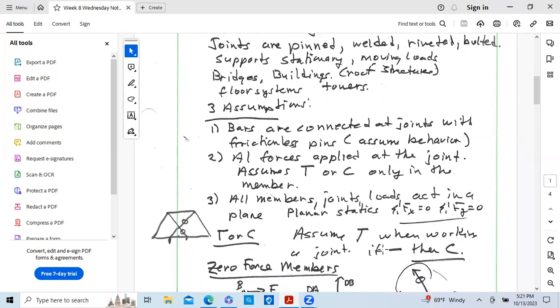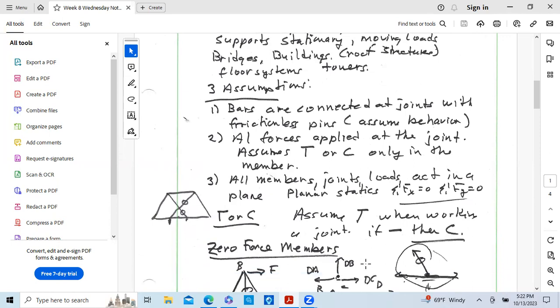If you get a negative answer, it's compression. This is probably the most important concept we're going to talk about in this lecture, keeping track of the compression members. If you miss that right at the very beginning, everything else in the truss is going to be wrong. I will explain this when we get into the exam.